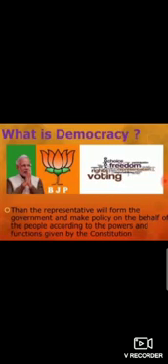Then the representatives will form the government and make policy on behalf of the people according to the powers and functions given by the Constitution. People also have the power to remove the representatives if they are not performing their duty properly.